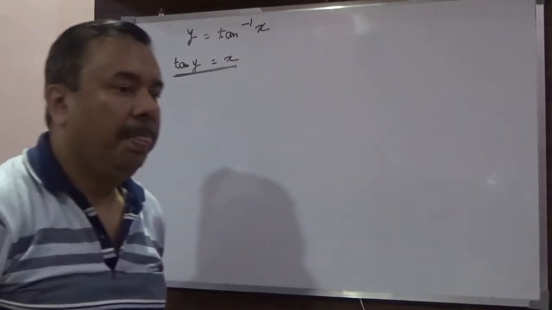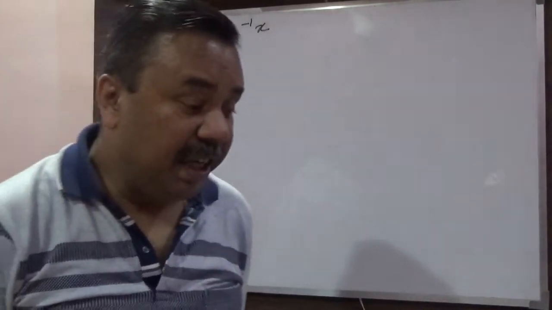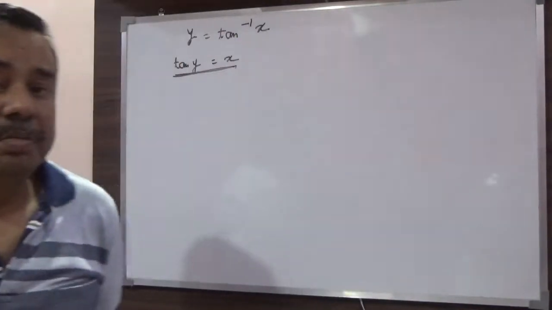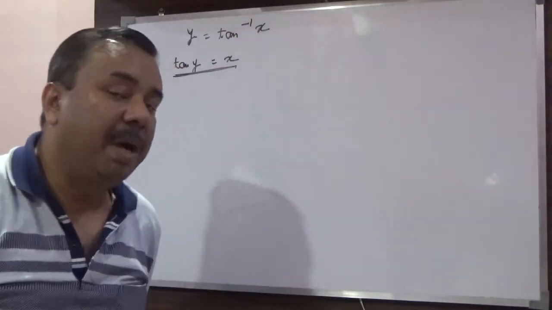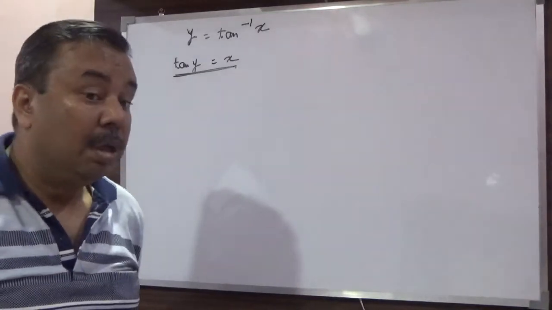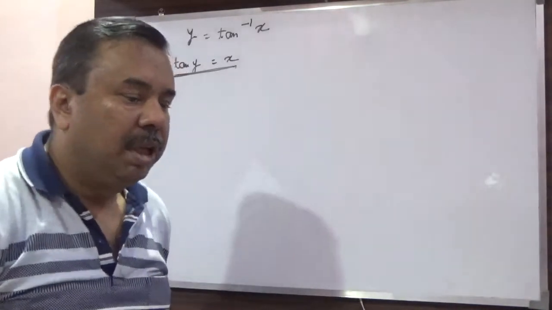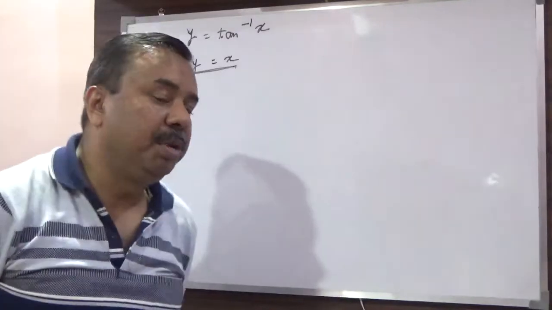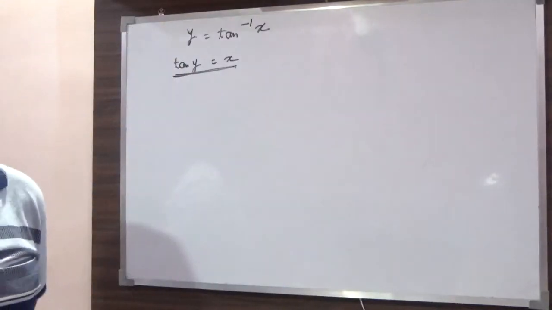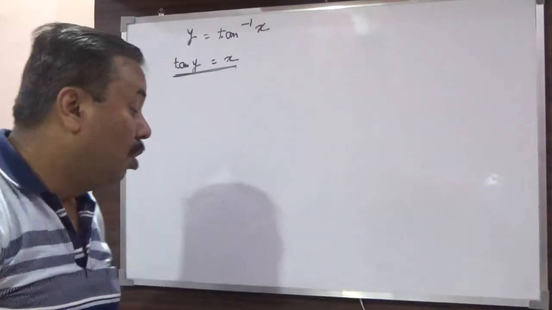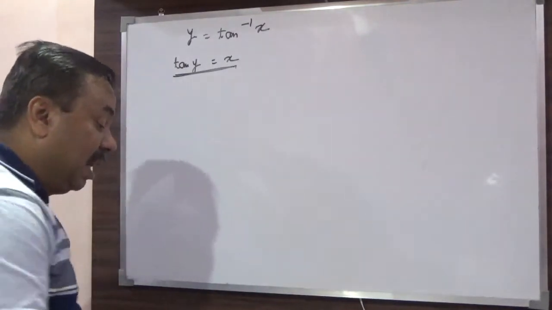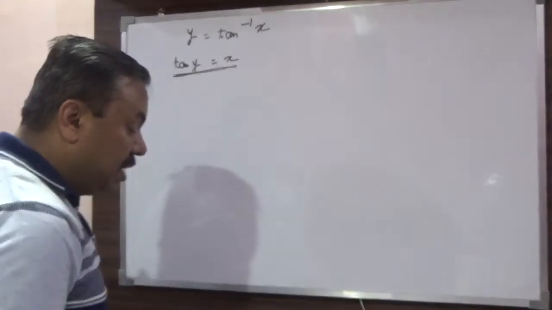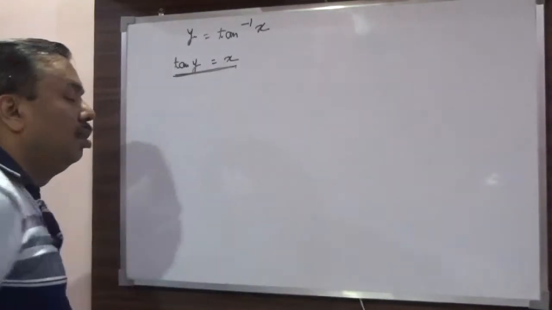If I say tan y is equal to x, just tell me one thing. Can x have the value of pi by 2? No. x cannot have the value of pi by 2 because for pi by 2, I don't have any value. So what I will say in this case is that x is not equal to pi by 2.